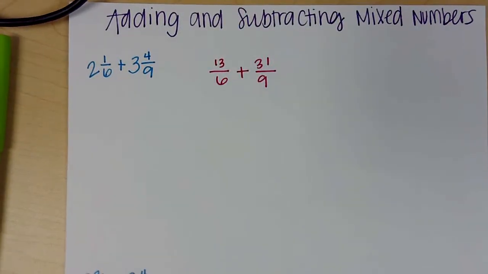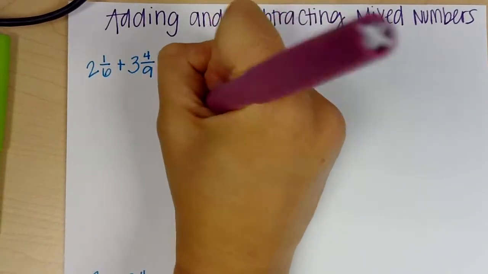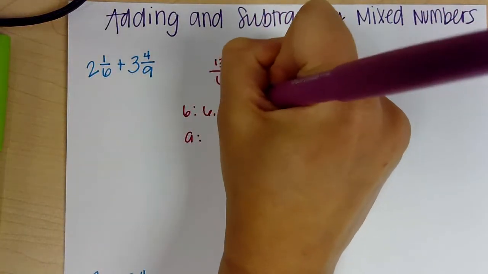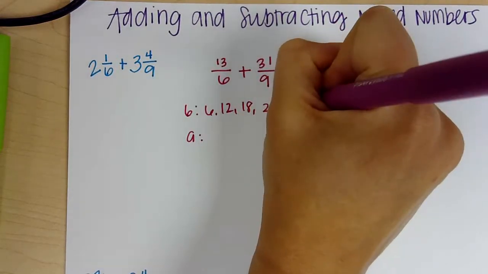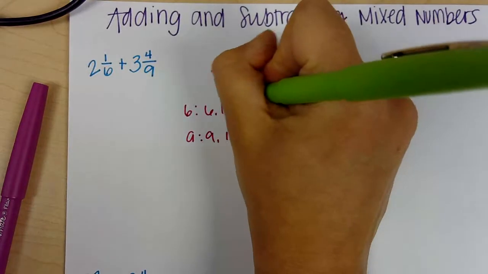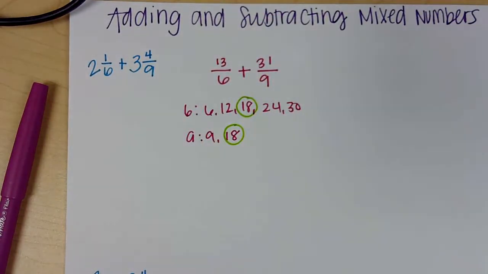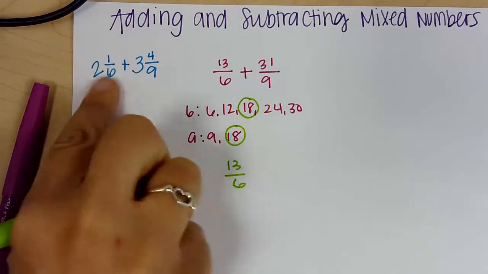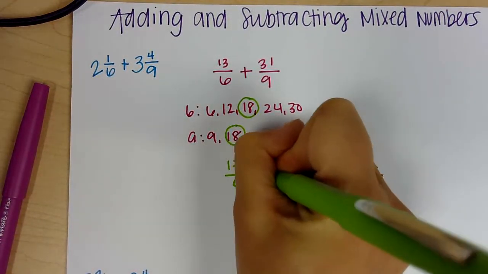Okay, so we find our LCD. 6, 12, 18, 24, 30, and 9, 18. We've got a match pretty quickly. So now I take my fractions, not going back to our mixed numbers, going back to our fractions.